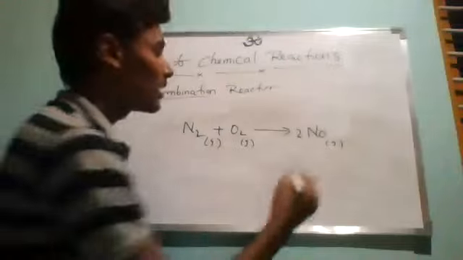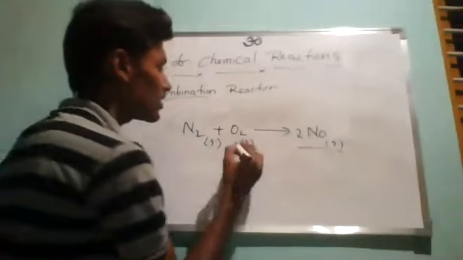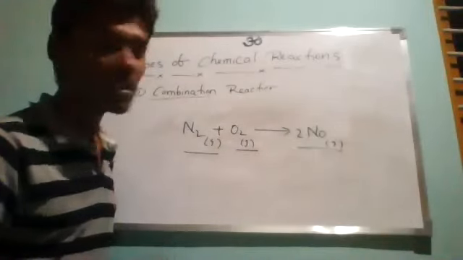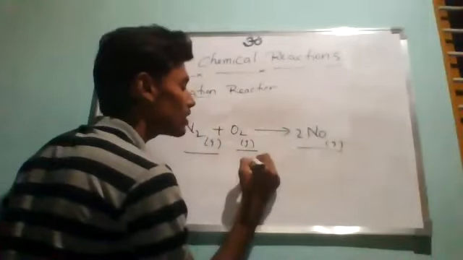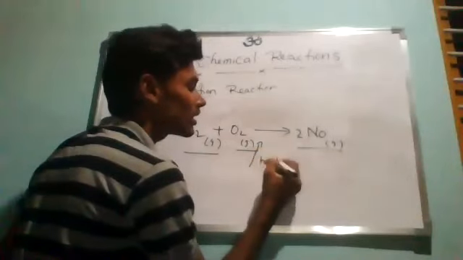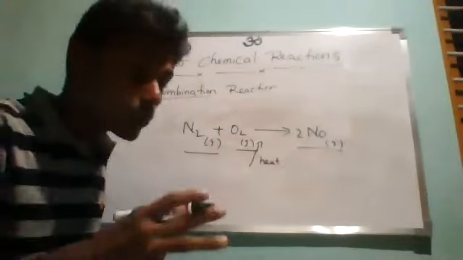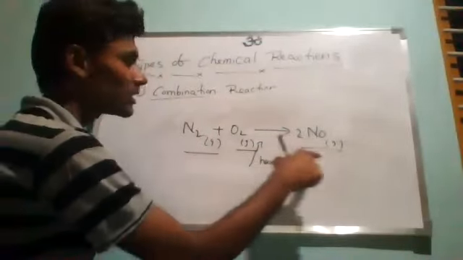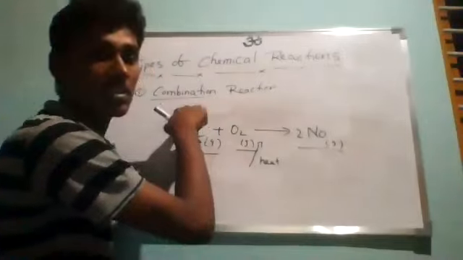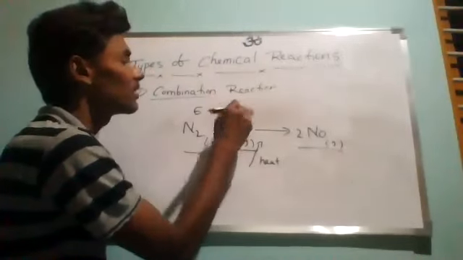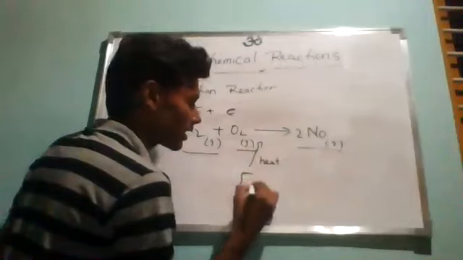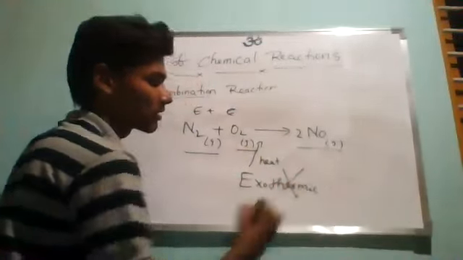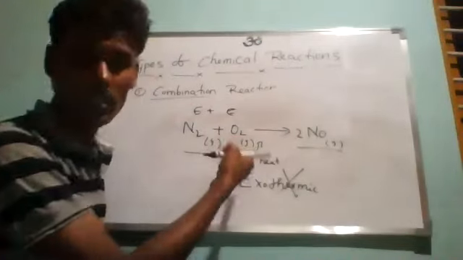If you want to form nitrogen oxide by the combination of oxygen and nitrogen, you have to heat. You have to provide external heat energy. That is why, even though it is an example of a combination reaction of type element plus element, it is not exothermic, because we have to provide heat energy.